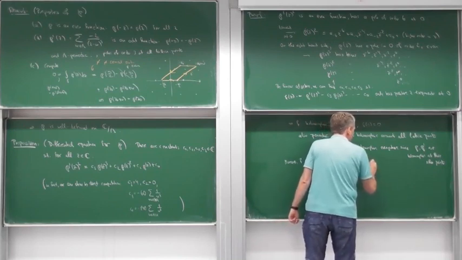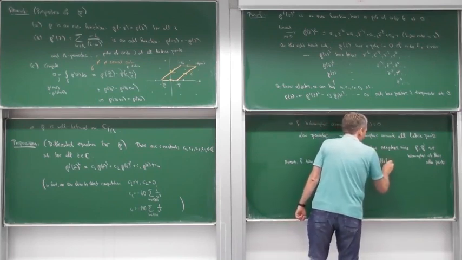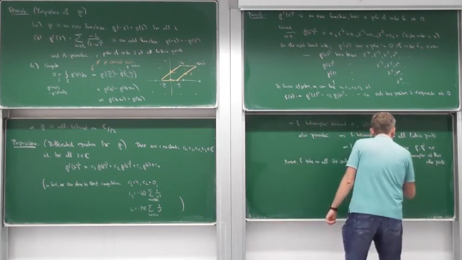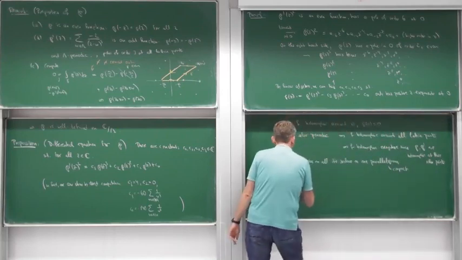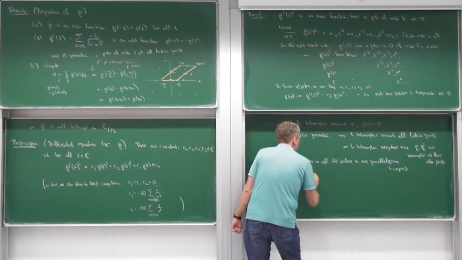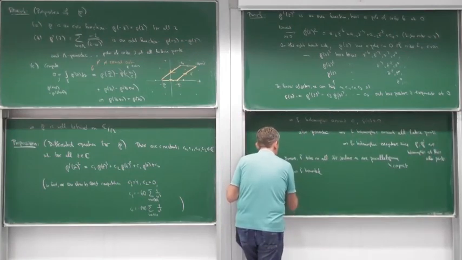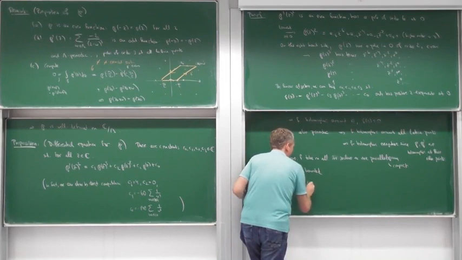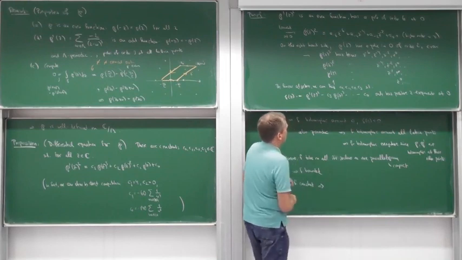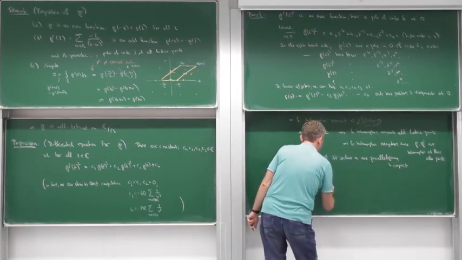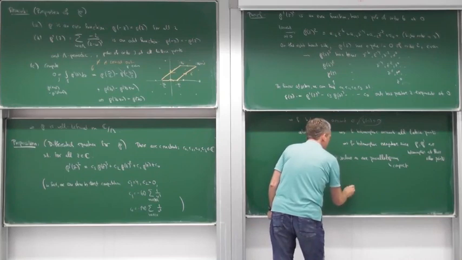And if it's bounded and holomorphic, then by Liouville it's constant. And we had already seen that f of 0 is 0. And that means f is identically 0.